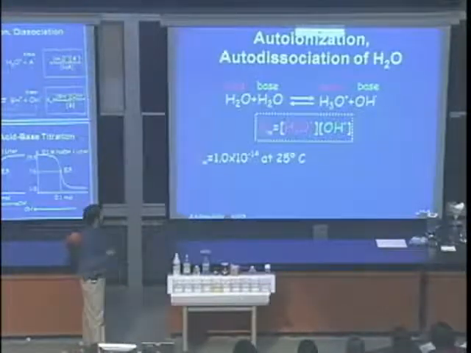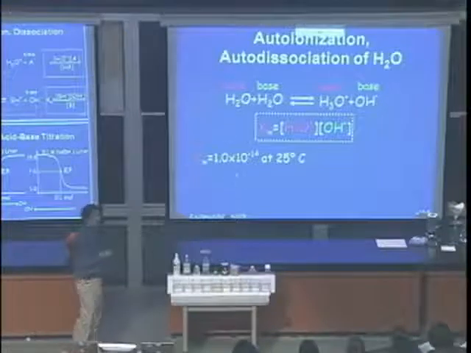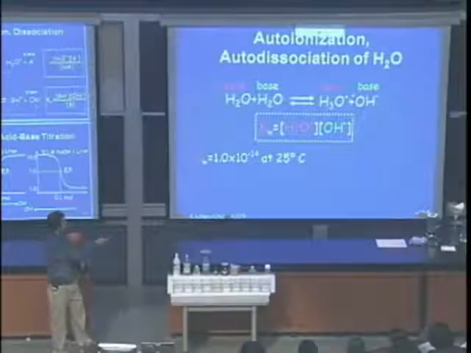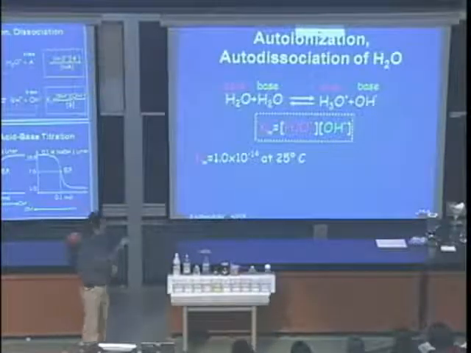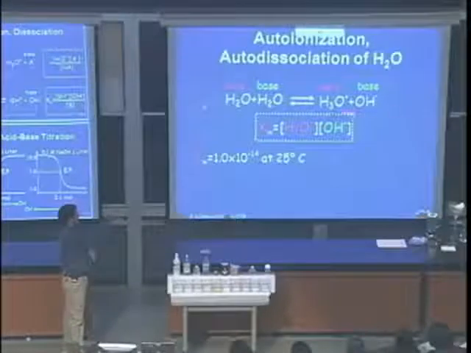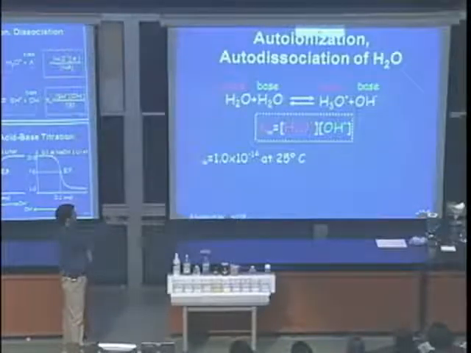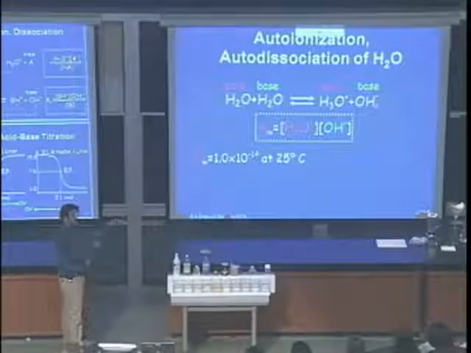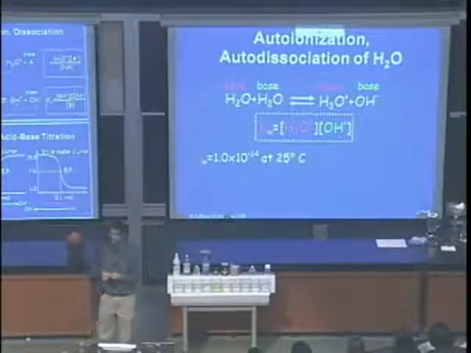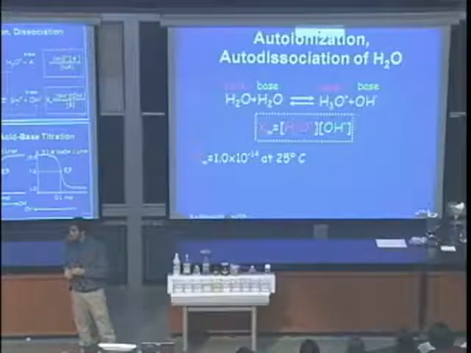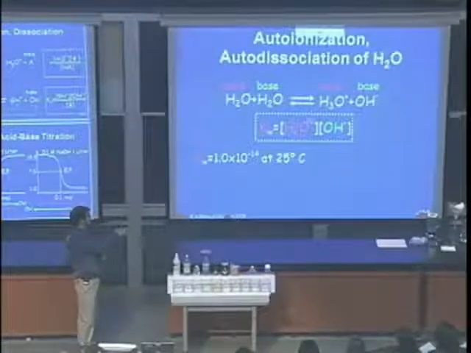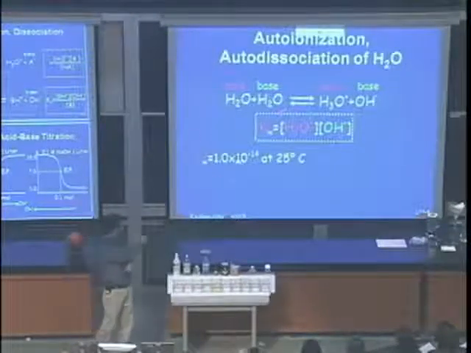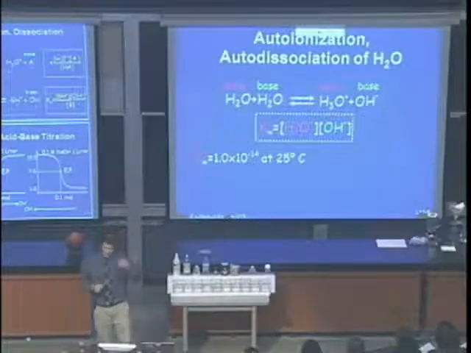So we can use this, though, to figure out the H3O+ concentration in pure water. Because for this equation here, and again, this is just for pure water, I've got nothing else here. What do I know for these two concentrations? They're the same, because every time one water gives up a proton, another one has to accept it. So how am I going to find their concentrations based on this? Square root, right?